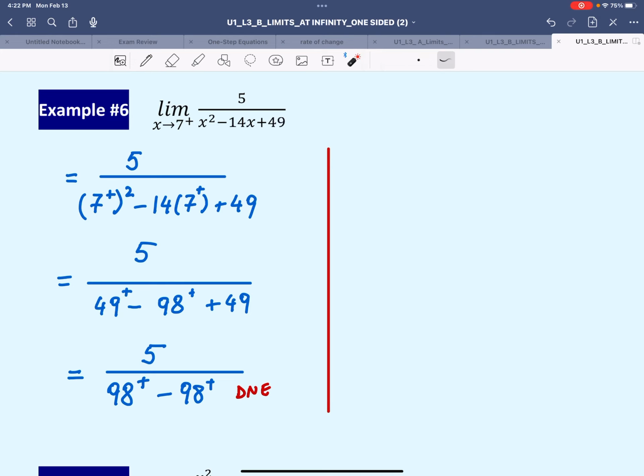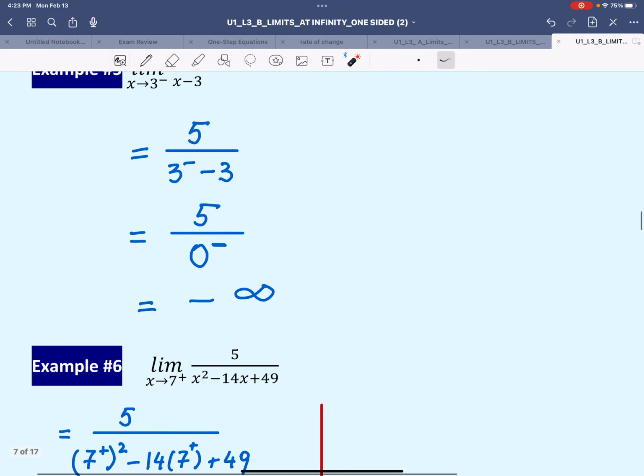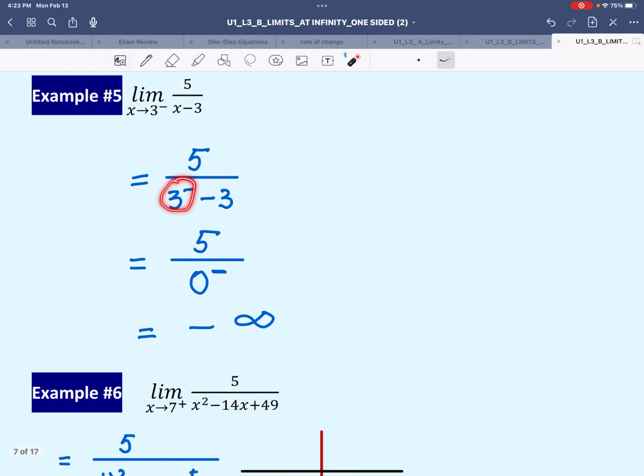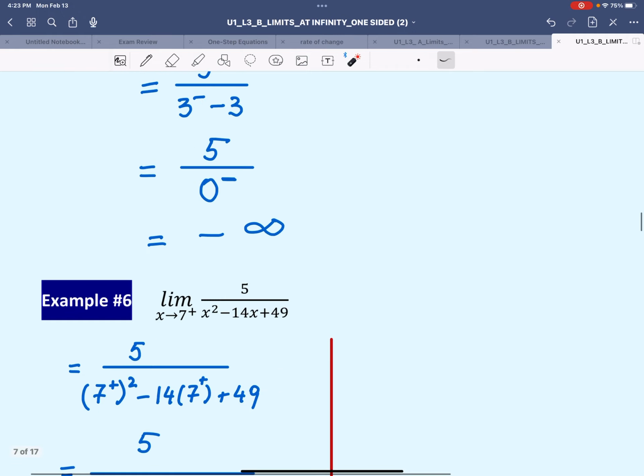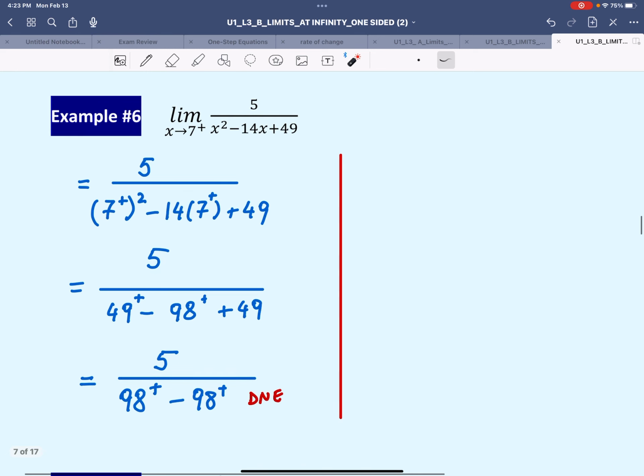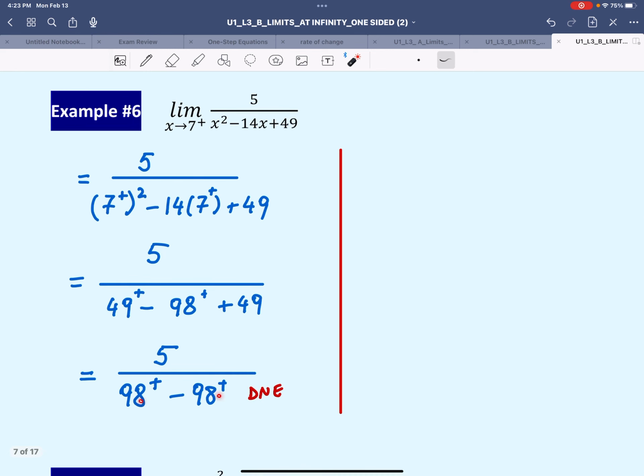We always solve a problem by analyzing where the problem is, what made us stop here. What made us stop was the fact that we had to subtract two one-sided numbers. Remember, in the previous example we only had one, so we were able to get away with it and finish the evaluation quickly. But here we ended up with two one-sided numbers.